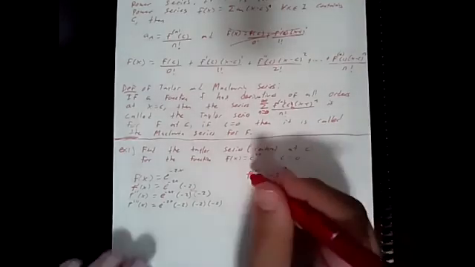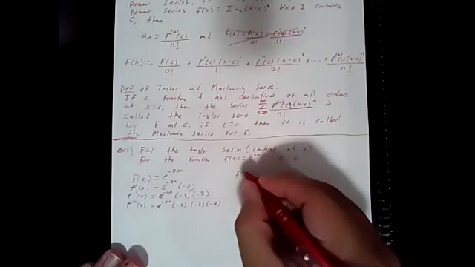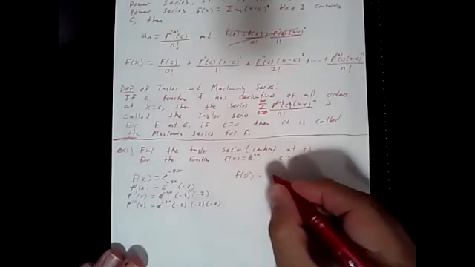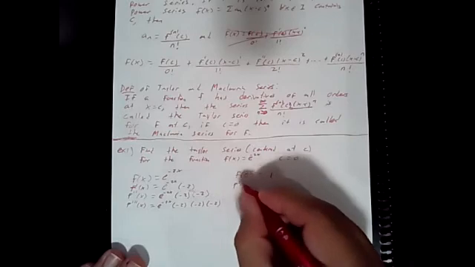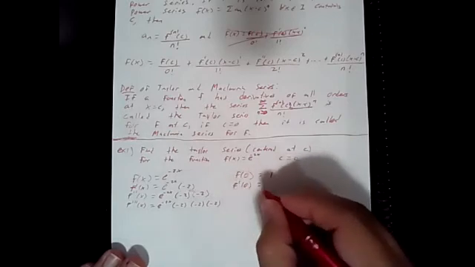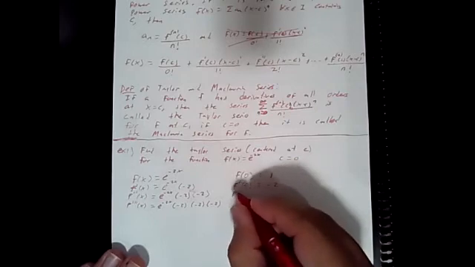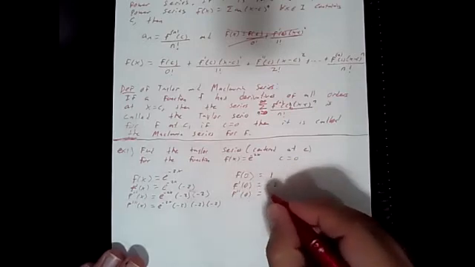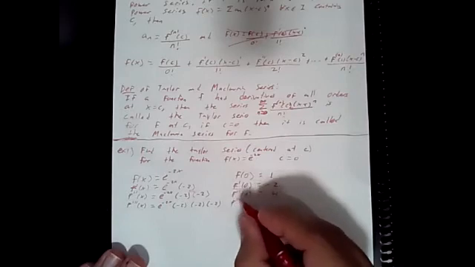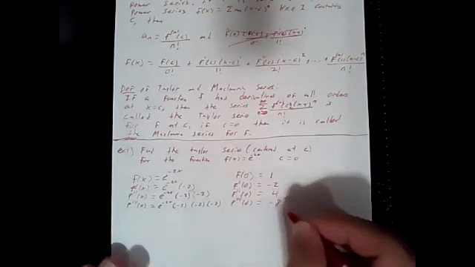Oh, 1 second. I forgot one little step here before we do that. We got to plug into 0. f of 0 would be 1, right? f prime at 0 would be negative 2. f double prime of 0 would be 4. f triple prime of 0 would be negative 8.